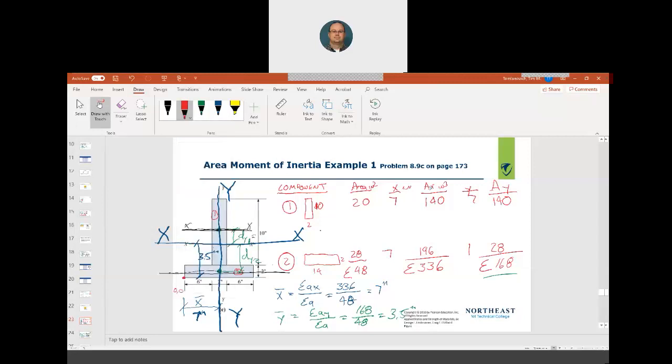Basically it's telling me that if I put a load this way and rotate around the y-axis, it's not going to deform as much as going this way around the x-axis. Believe it or not, you would think that you would want to put it that way, but it's actually this way.